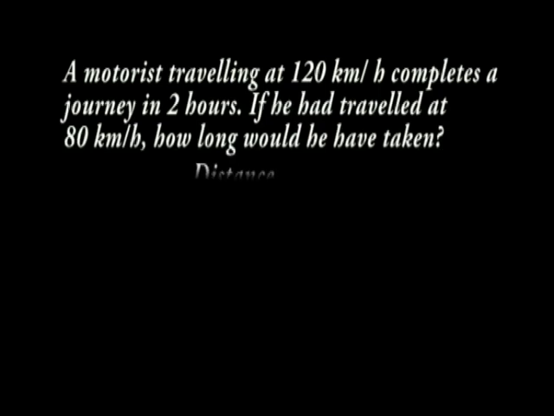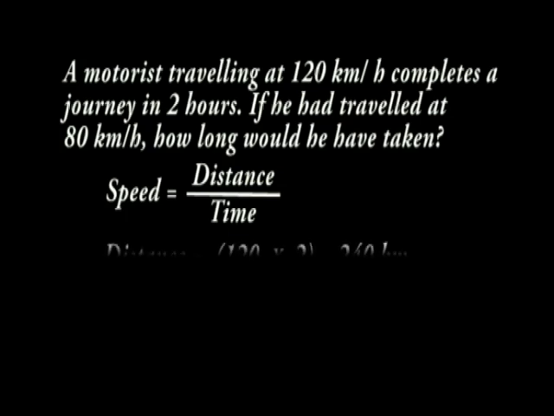Speed is equal to distance over time. If the speed is 120 kilometers in 1 hour, then in 2 hours the motorist covered a distance of 120 times 2, which is 240 kilometers. Certainly, this was the distance of the entire journey.